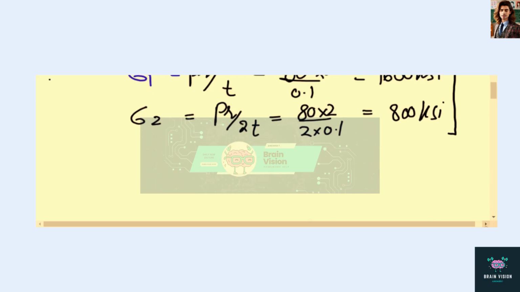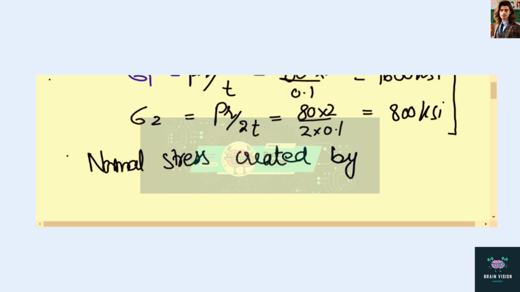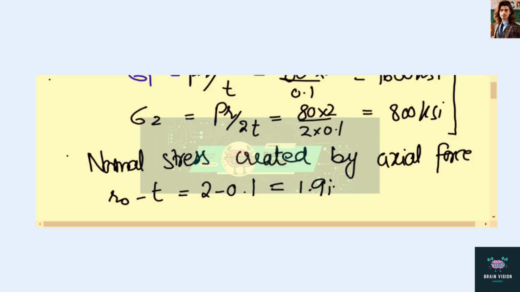Next we need to find the normal stress created by the axial force. The inner radius is r naught minus t, so that is 2 minus 0.1, which is 1.9 inch.